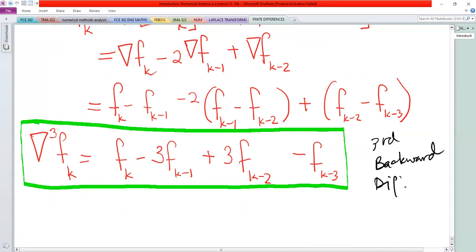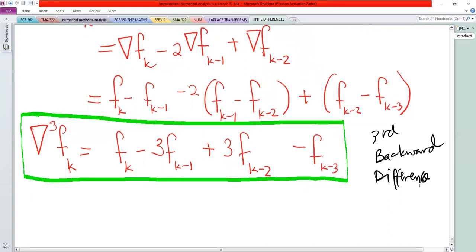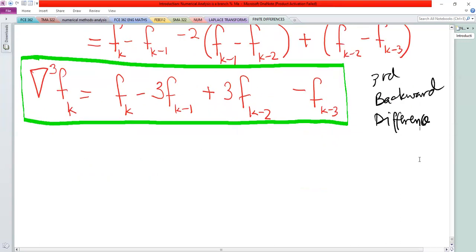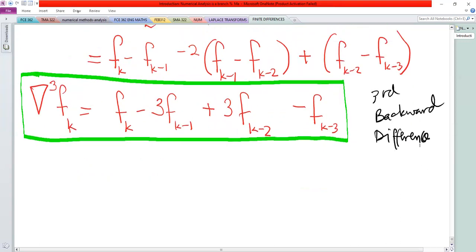Now, similarly, we can define the fourth backward difference of the function f at xk. So the fourth backward of fk will be the backward of the third backward difference.